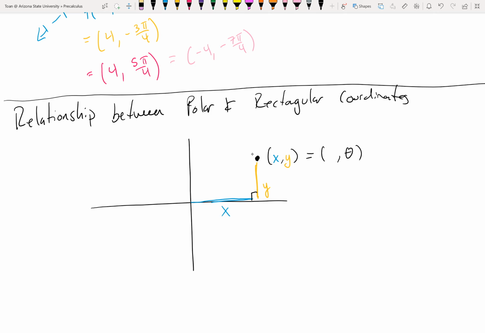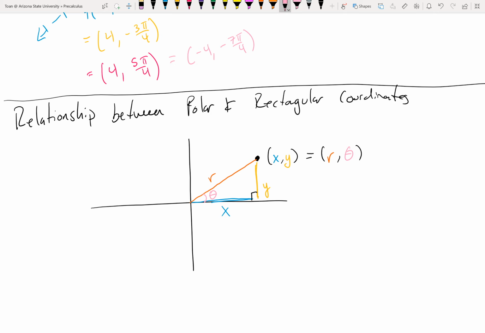If I claim that this point has polar coordinates r, theta, that means from the origin, it has a set length r, and from standard position, it has an angle theta. Gee whiz, what did we just do?